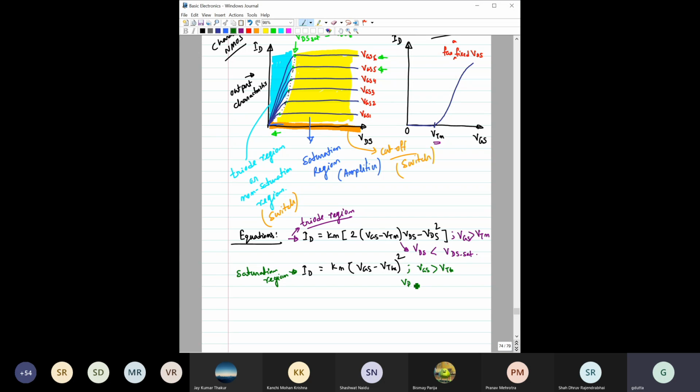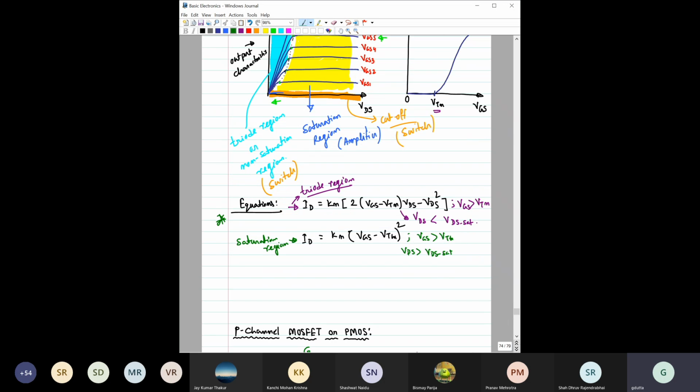The other criteria is that VDS has to be greater than VDS sat, as we have discussed. So when VDS is greater than VDS sat, only then will you enter the saturation region, right? So these are the two important equations related to this MOSFET. These are quite easy equations, so you should learn them.